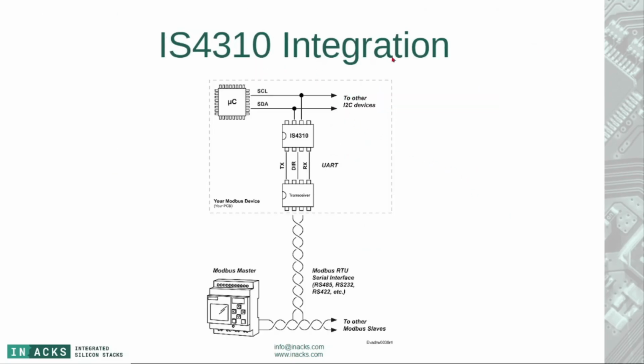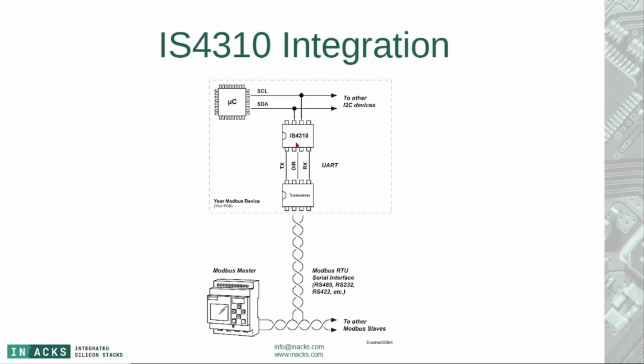The hardware integration of the IS4310 is quite easy. You just have on one side the I2C serial interface, and on the other side you have a UART interface that connects to a transceiver. So the Modbus chip is agnostic regarding the electrical interface.